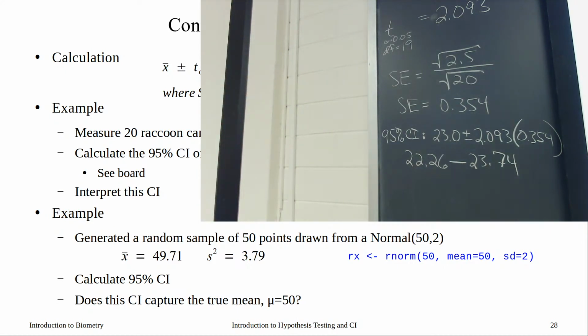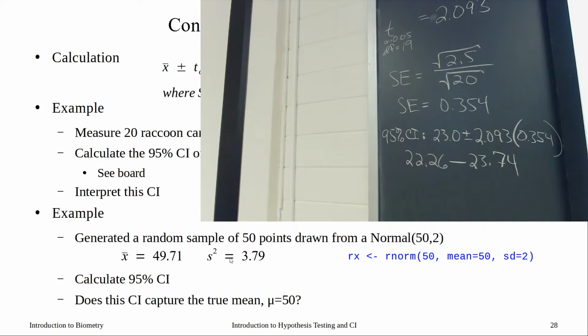All right, so second example. Generate a random sample of 50 points drawn from a normal 50,2 distribution. So this is how I did it, and when I did it for this presentation, these are the values that I got.